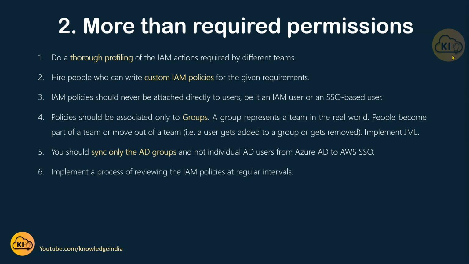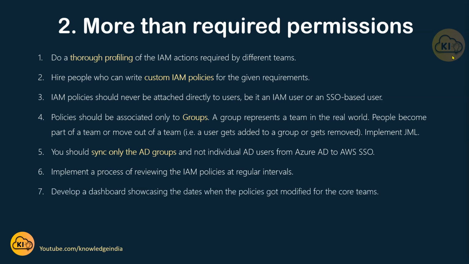Number 6 is implement a process of reviewing the IAM policies at regular intervals. Like at what intervals those custom policies which were written got changed. You need to keep track of it and you need to review it regularly.